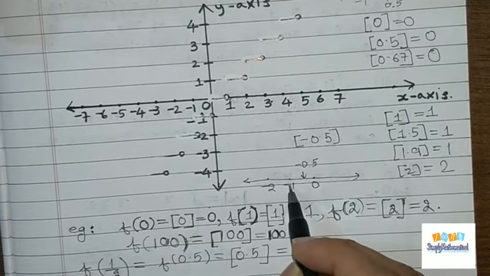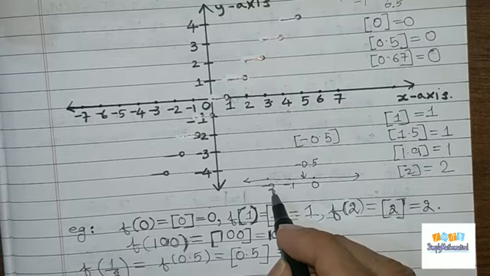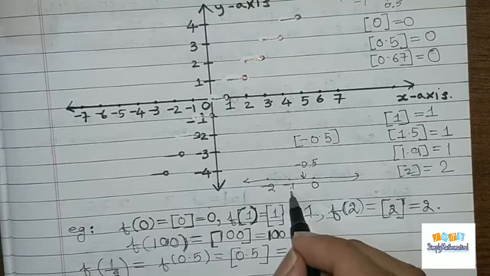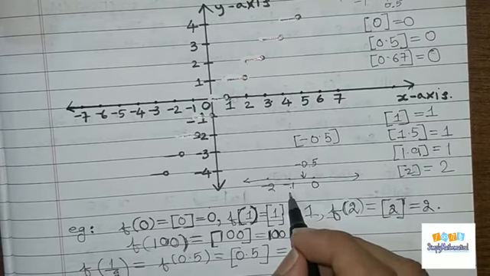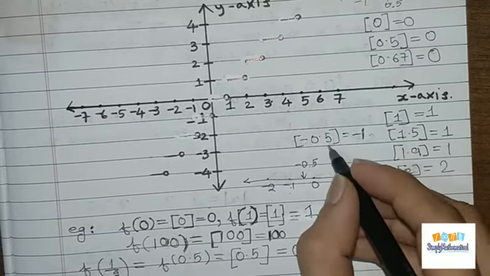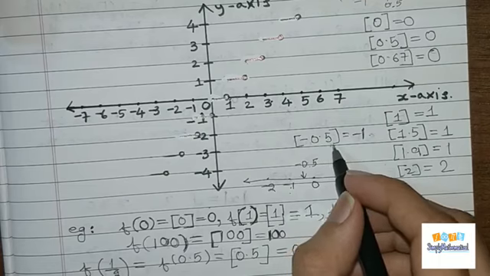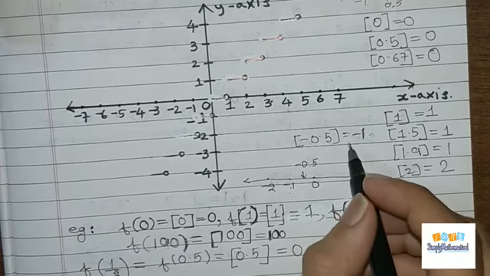So integers less than minus 0.5 are what? Minus 1, minus 2, and so on. But what is the greatest of all of them? That is minus 1, right. So minus 1 will be the value of this number under the greatest integer function.